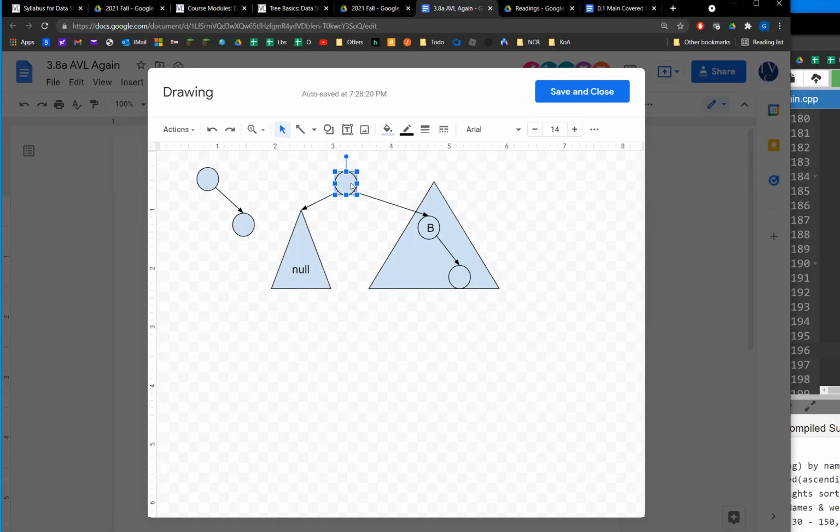Call this AB for short. Rotate B to A. And the tree gets back into a balanced state. B and its subtrees move up. And we're back into a balanced state.